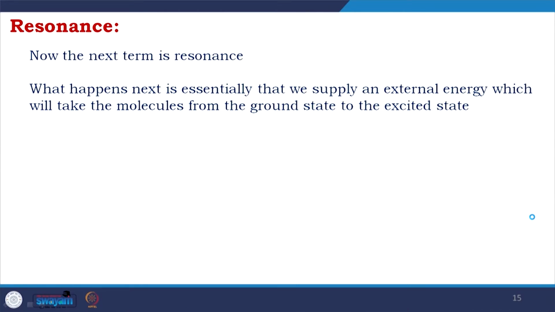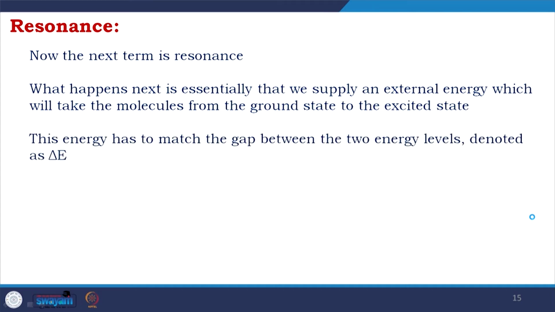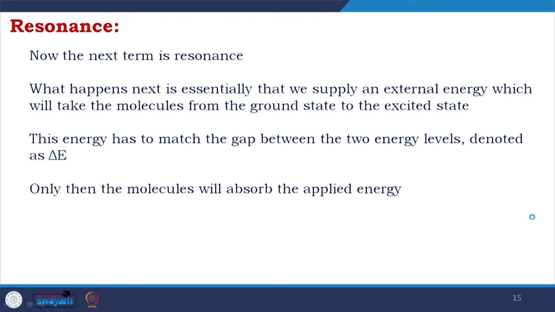What happens next is essentially that we supply an external energy which will take the molecules from the ground state to the excited state. So, we have to provide an external energy. This energy has to match the gap between the two energy levels denoted as delta E, and only if it matches will the molecule absorb the applied energy.